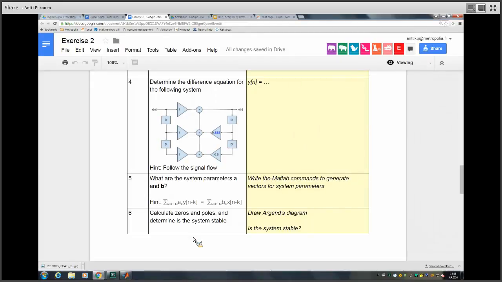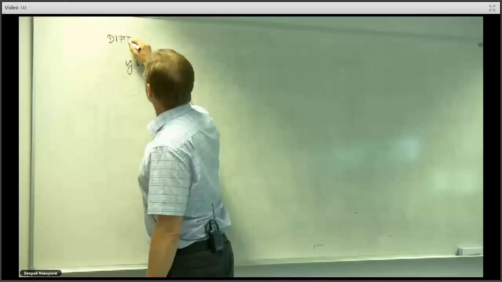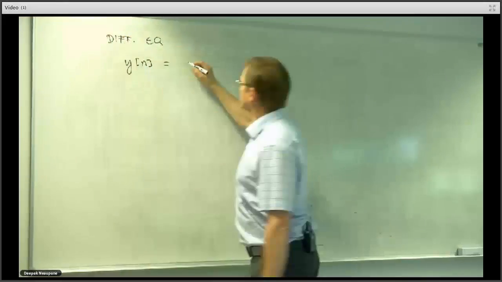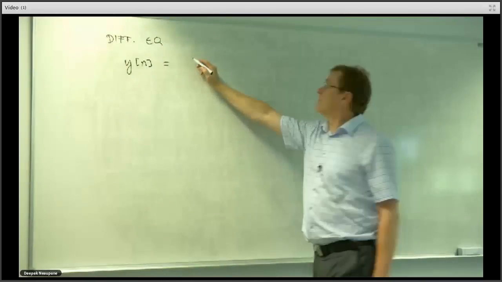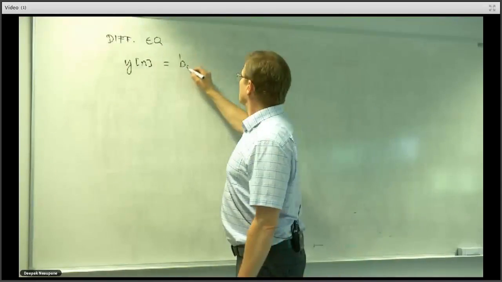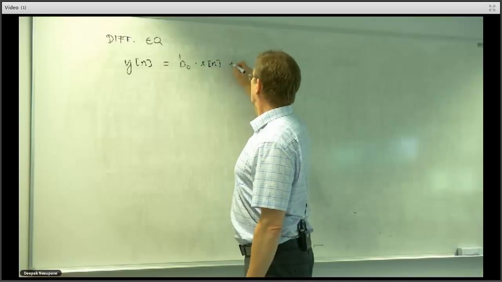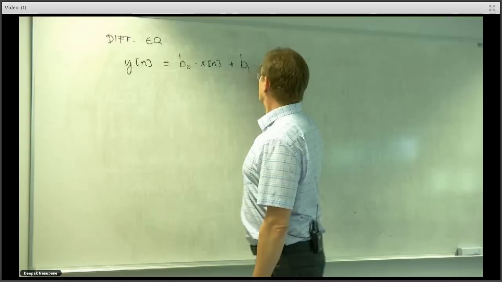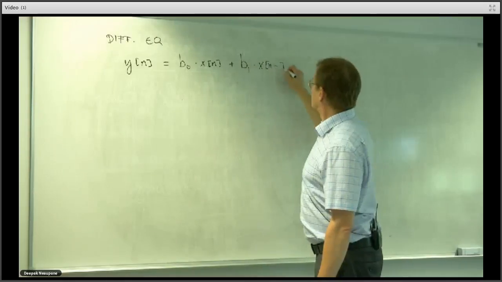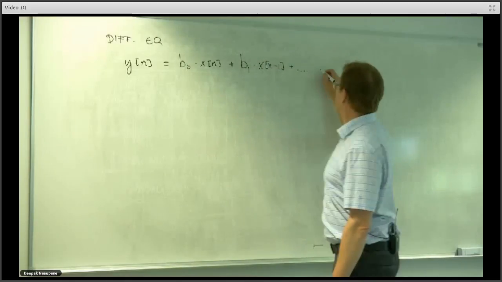On that exercise, you just follow the signal, mark how the calculus goes, and then you end up having a formula for the output, which is the difference equation. And that's usually in the form of b0 x n plus b1 times x n minus 1 plus and so on.